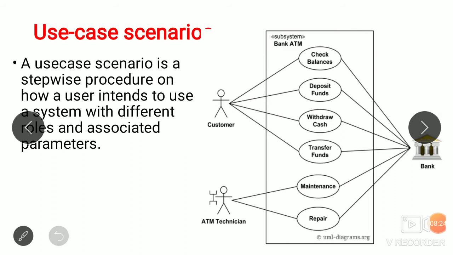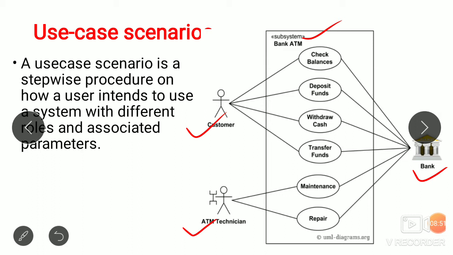All of you see in the slide here, this diagram denotes the use case diagram. Here three users are there. One is a customer, another is an ATM technician, and another is a bank. These are the three users and one system, that is the bank ATM. Here the interaction between the user and the system is called the use case scenario.